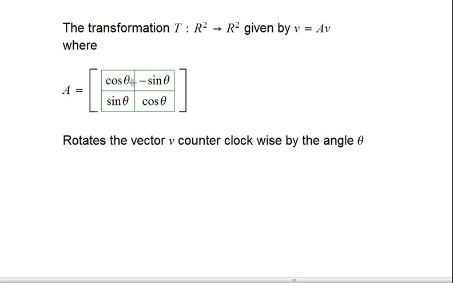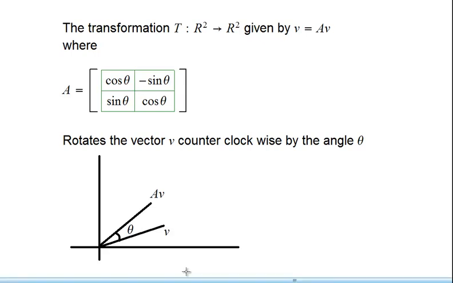It rotates the vector V counterclockwise by the angle theta, because we had an angle theta here. So what we meant is that if V is a vector in R2 and we take A times V, then V would simply rotate counterclockwise by theta radians.